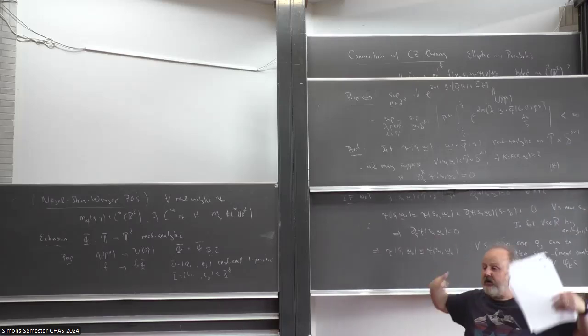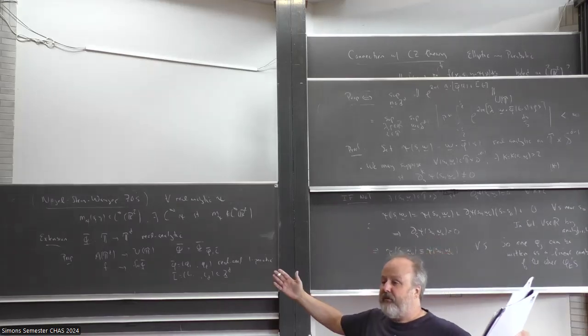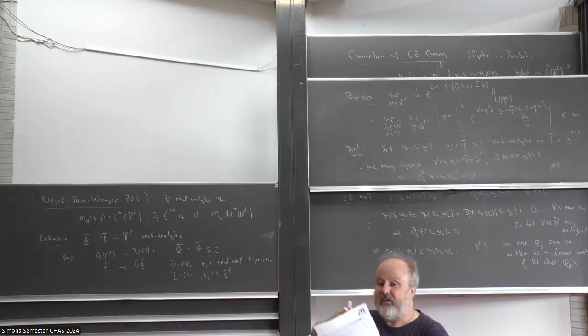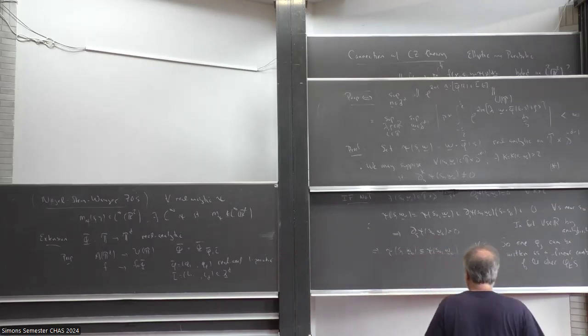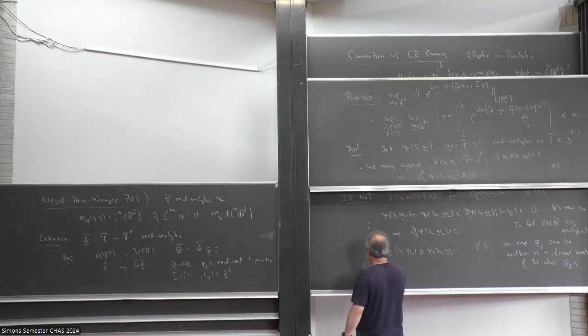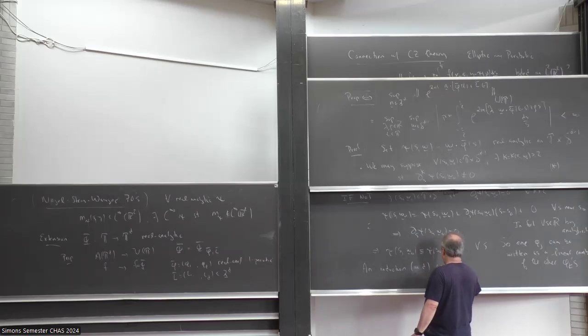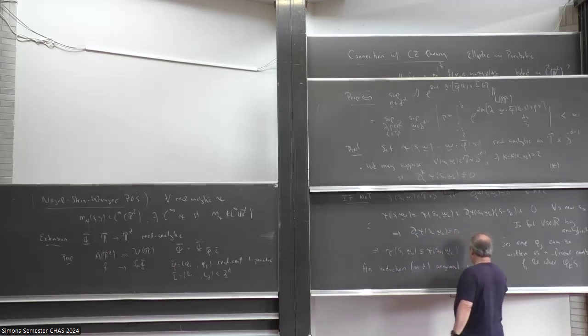And now I use an induction argument. I've reduced d to d minus 1. Okay, and I carry out the induction argument. And eventually, if I continue going with this, I get down to the linear case and I'm done. So an induction argument reduces matters to star.